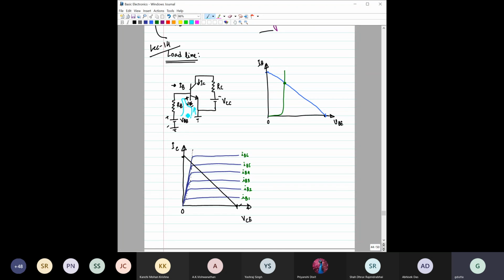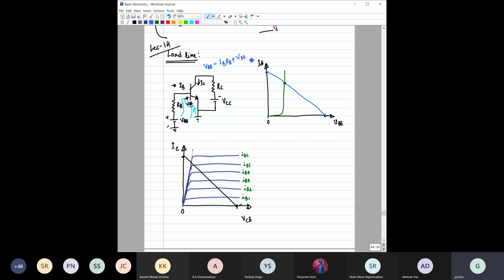Then if we also take the equation, that is, write a KVL equation along this loop, then what can we write? We can write that VBB is equal to IB RB plus V_BE.